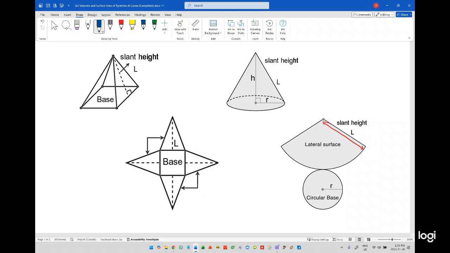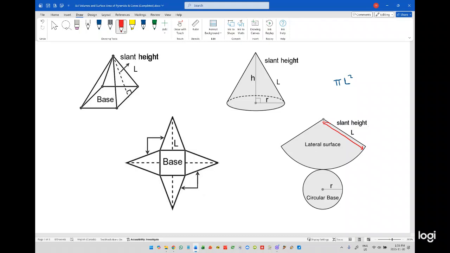Okay, so that's part of a big circle. Now its actual area, that big whole circle, would be pi r squared, but in this case the radius of this is L, so this would be pi L squared. But it's not obviously a whole circle. It's only a little piece of a whole circle. In this case, it looks like it might be around a third of the circle, but it could be any fraction depending on how tall the cone is relative to the circular base on it.